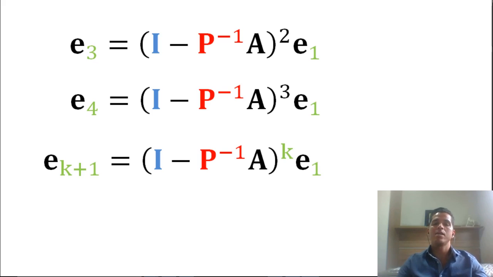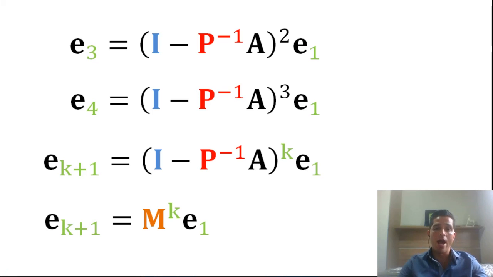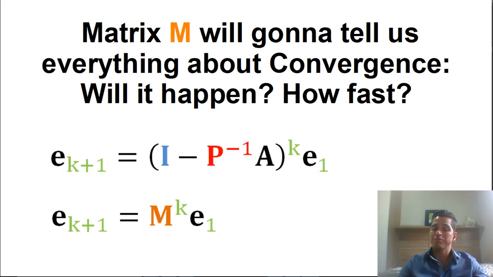Well, we can see that the error, the variable we are interested in, we want that error to be as small as possible. So an error in the step k plus 1 is equal to this matrix that I'm going to call M, the identity minus p inverse times a, to the power of k, times e1. And matrix M is going to tell us everything about convergence. Will it happen? How fast?